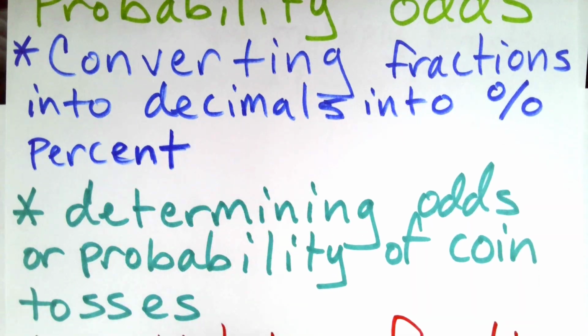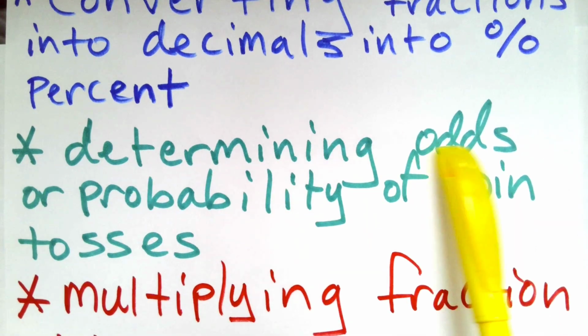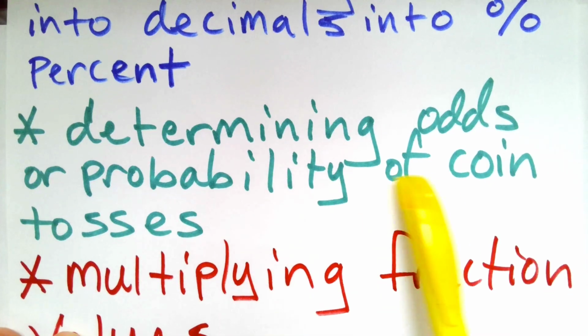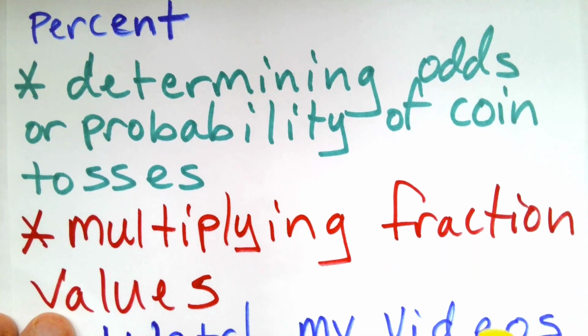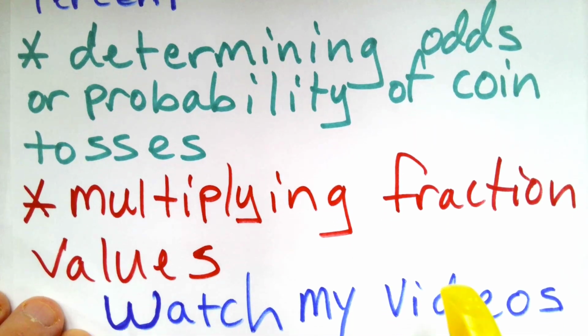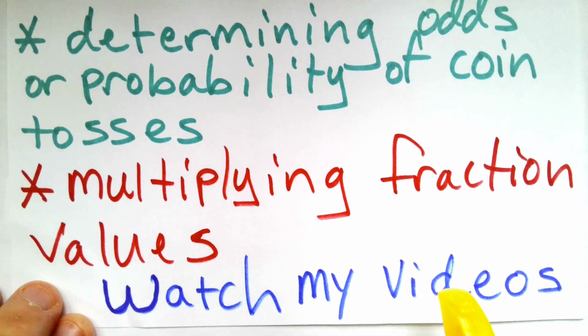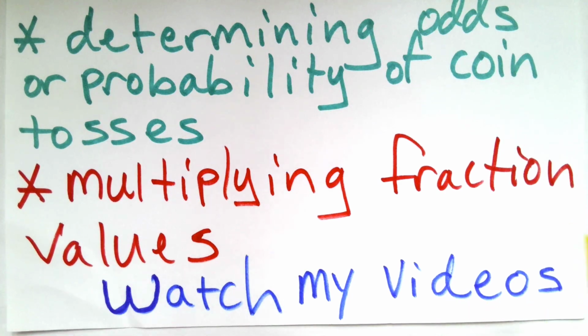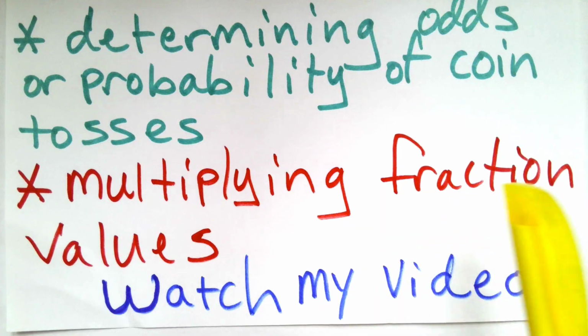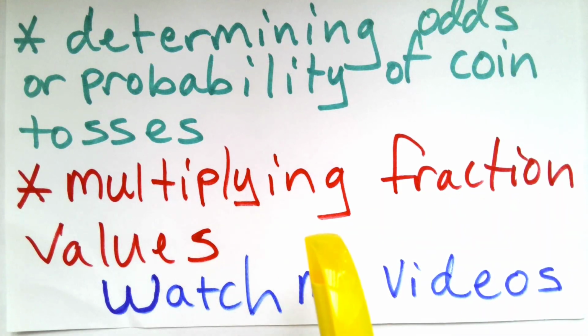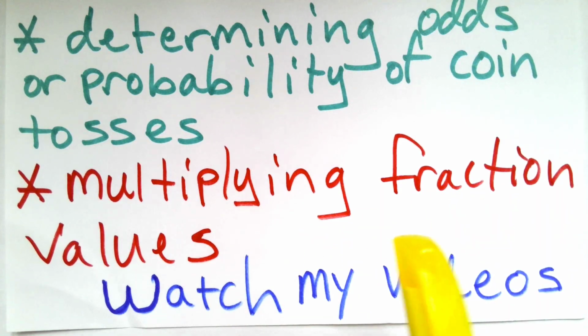You want to practice those skills. Determining odds and probability of coin tosses. There's a bunch of problems out there, a bunch of worksheets with answers. Check those answers. If you got them right, keep doing it. You're doing a great job. If you got them wrong, look through your steps. Figure out what you did wrong, okay? Multiplying fraction values would be another helpful practice worksheet. You can work on your skills.